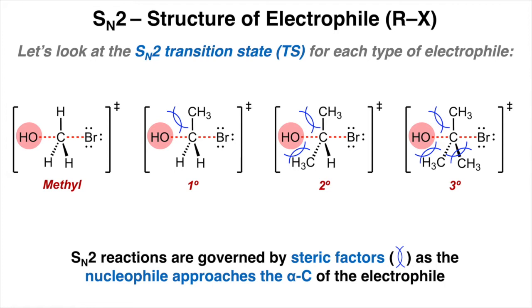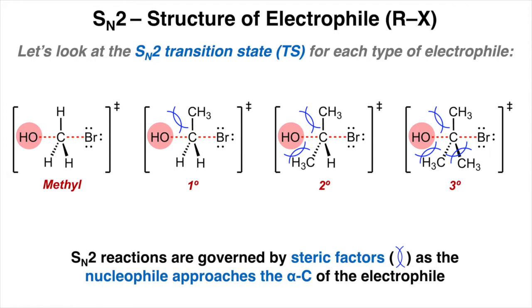Circled in pink is the HO- nucleophile approaching the alpha carbon 180 degrees apart from the bromine leaving group. In the methyl substituent, we see that there are no collisions between the OH group and the 3 hydrogens bonded to the alpha carbon, since hydrogens are pretty small atoms.